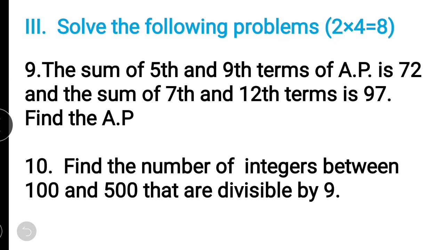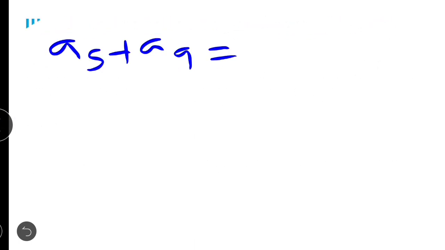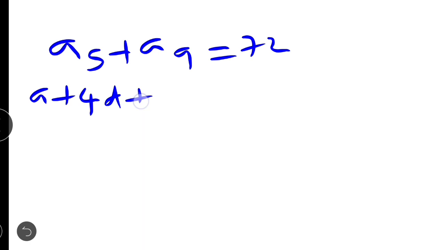Next, third bit, ninth problem. The sum of the fifth and ninth terms of an AP is 72. So A5 plus A9 equals 72. A5 means A plus 4D, plus A9 means A plus 8D, equals 72.